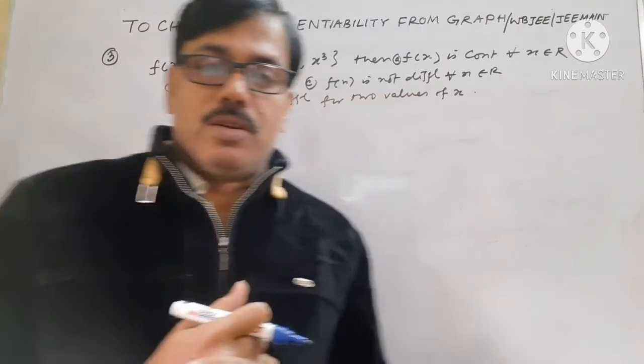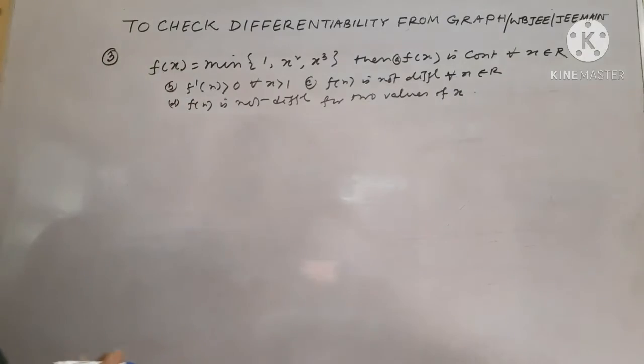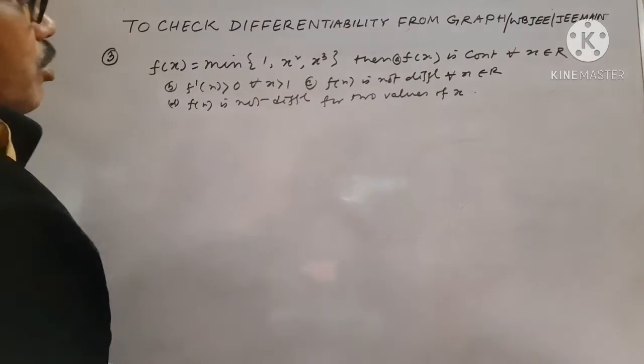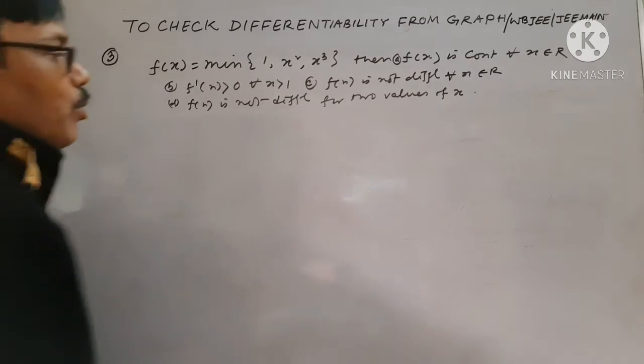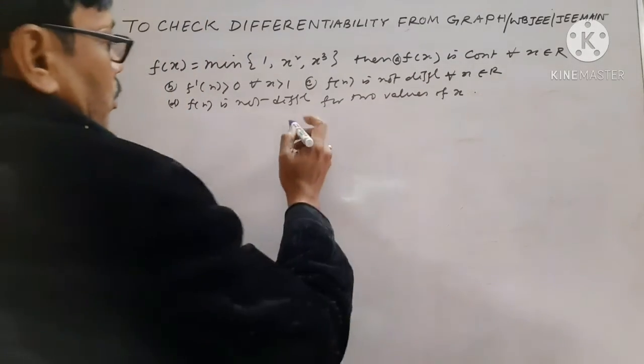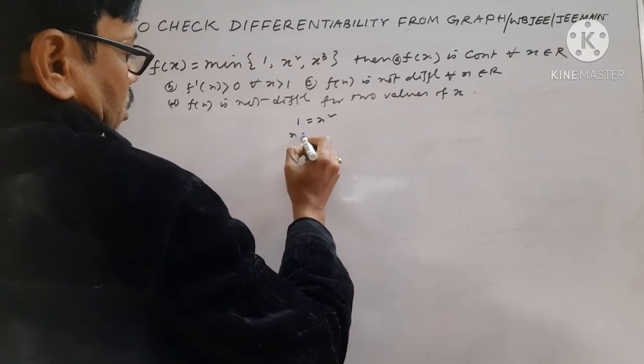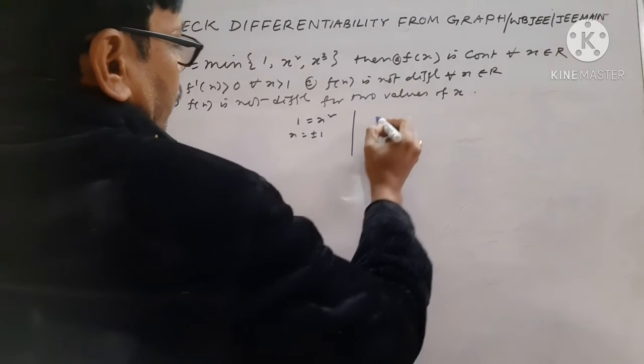Now we consider one more problem. f(x) equals the minimum of 1, x square, x cube. So 1 equals x square, so x equals plus minus 1.